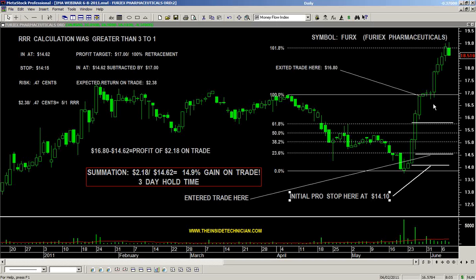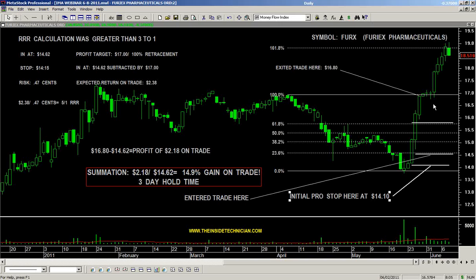So here we stand with a trade that lasted 3 days, a 3-day hold time, a $2.18 profit. So the way to calculate that is $2.18 profit divided by what we paid when we got in at 14.62, left us at a 14.9% gain in the trade, a 3-day hold time.